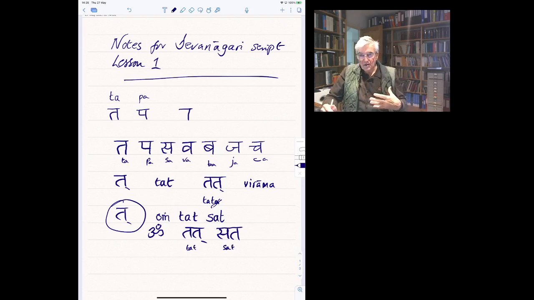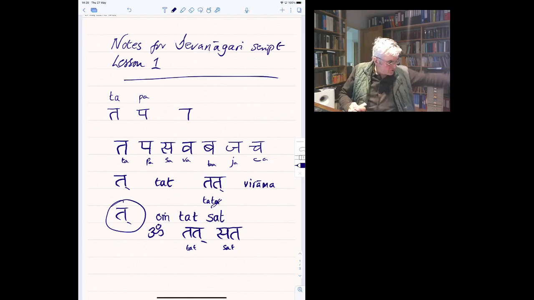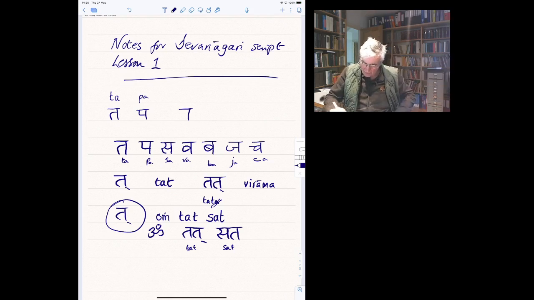However, in connected writing in Devanagari, the words are joined together. So tat sat will be written like this. This ta followed by a short a, so written in full.